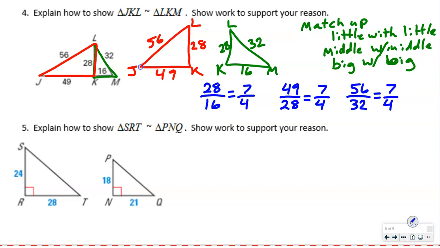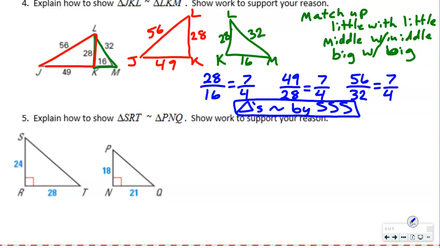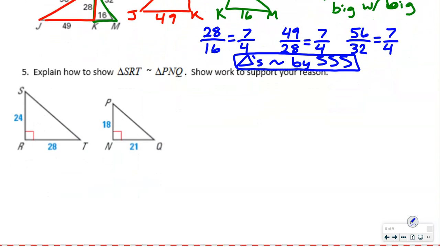So we're able to show that these triangles are similar by side, side, side. Able to show all sides proportional, so the triangles are similar.